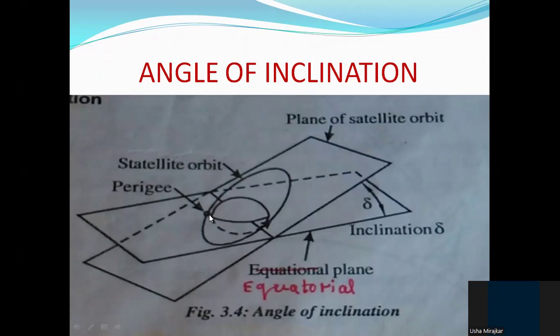This is the position of the satellite where the perigee occurs. Now, this is the plane of the satellite orbit, and this one is the equatorial plane. The angle between these two planes is called the angle of inclination.